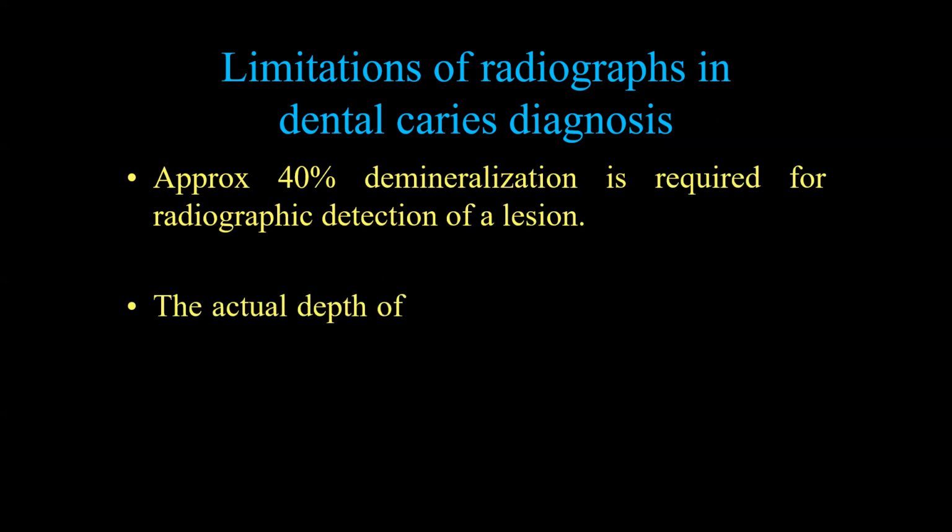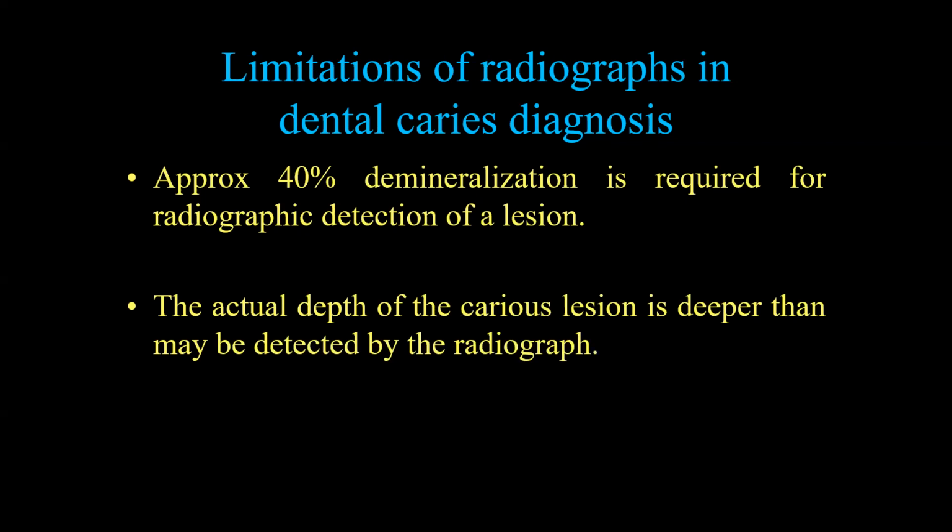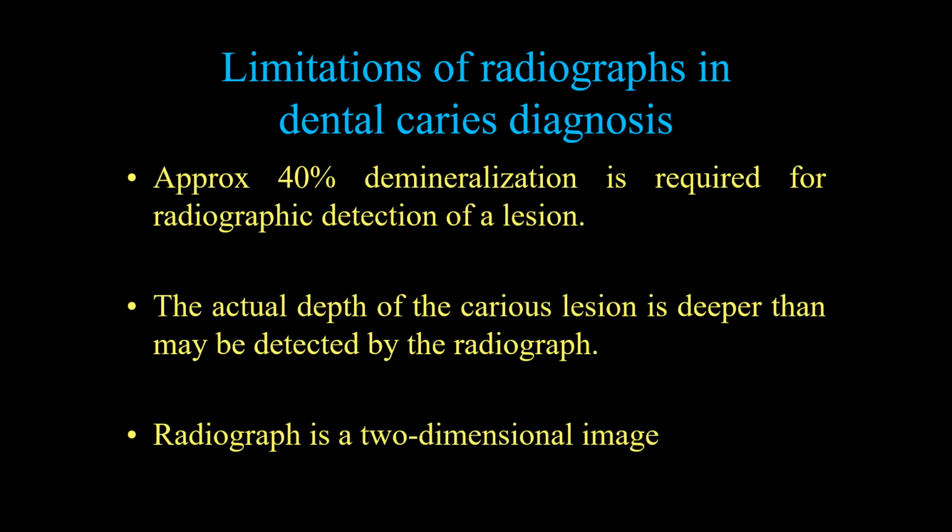Secondly, the actual depth of the carious lesion will be deeper than what we see on a radiograph. Thirdly, a radiograph is a two-dimensional image, so we are seeing a two-dimensional image of a three-dimensional tooth structure. So there will be a lot of superimpositions, magnifications, and distortions. All these can obscure the diagnostic ability of a radiograph.